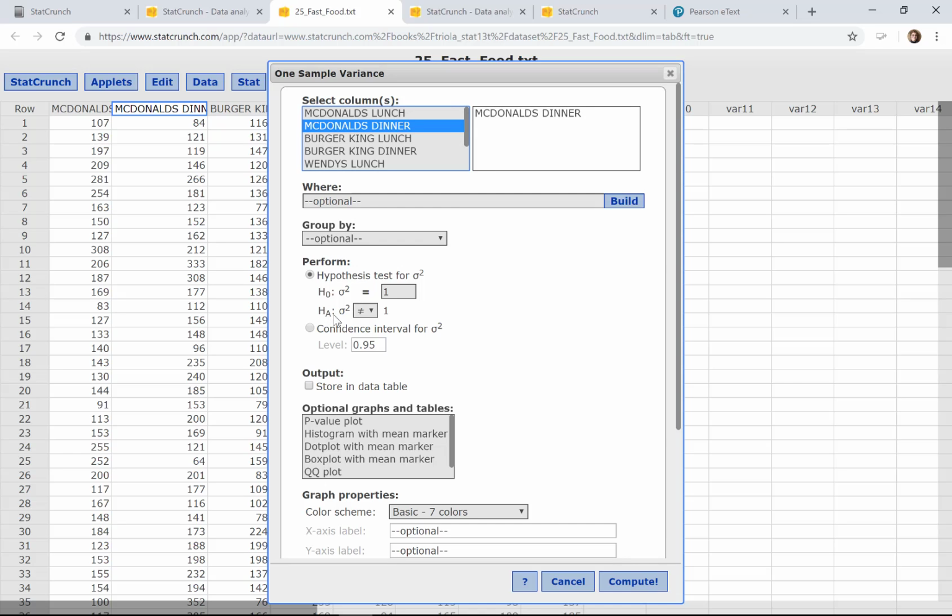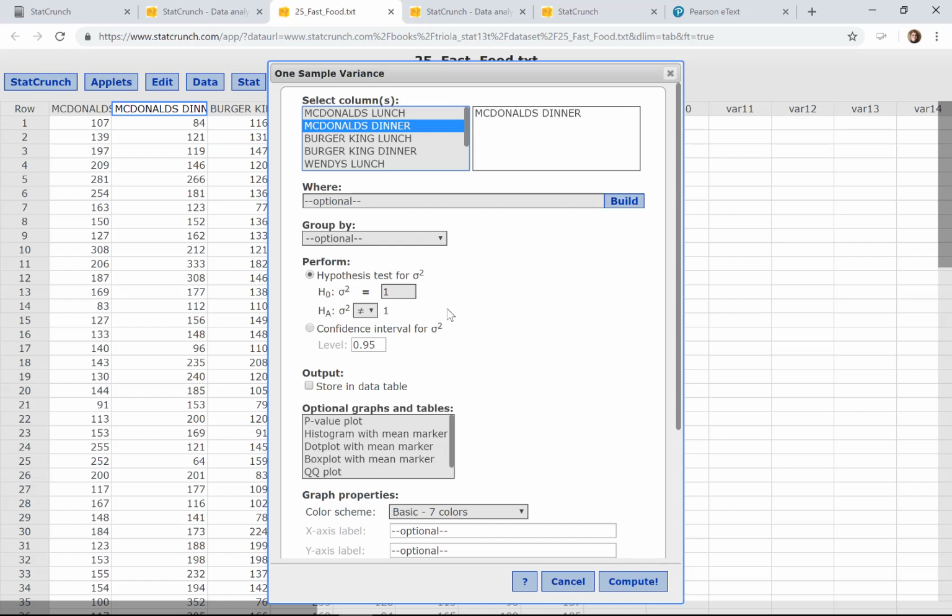And again, I want to look to see what this should be. So I have my columns that I want to do. I need to do my hypothesis test. What we're looking at to see if it's the same thing as Wendy's, and Wendy's is 55.93, but we have to square that because that's a standard deviation.